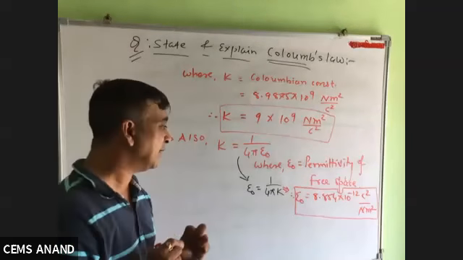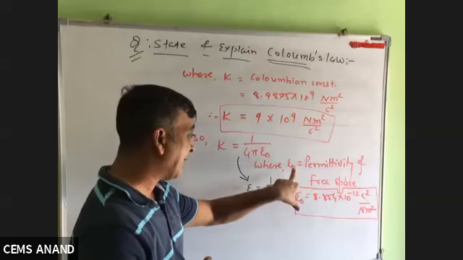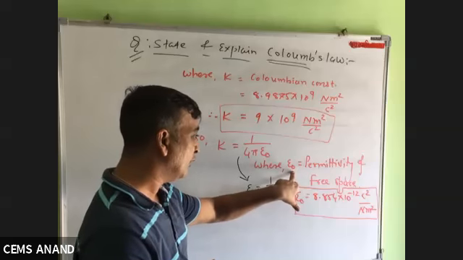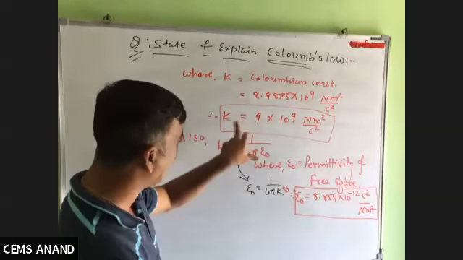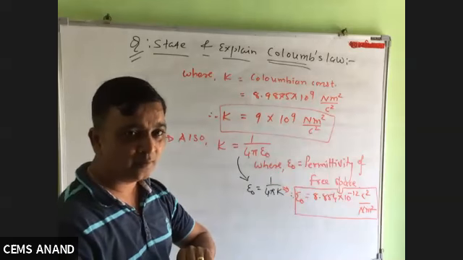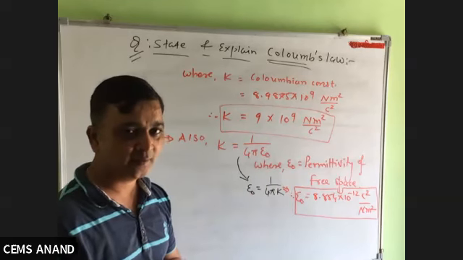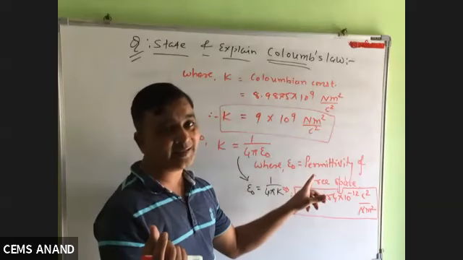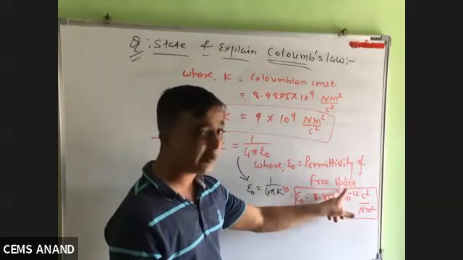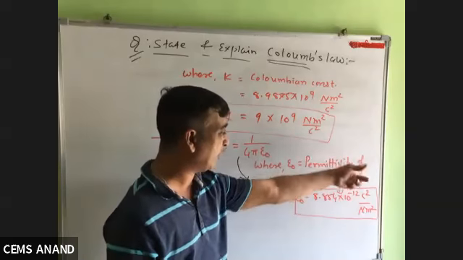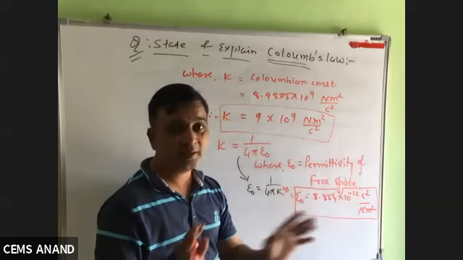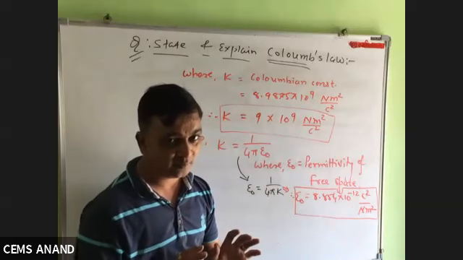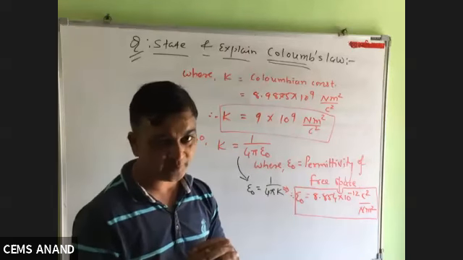But what happens if this epsilon 0 is not there in the formula? It happens only when the charges are not present in free space. Then the permittivity of free space is not responsible for the force between the two charges.